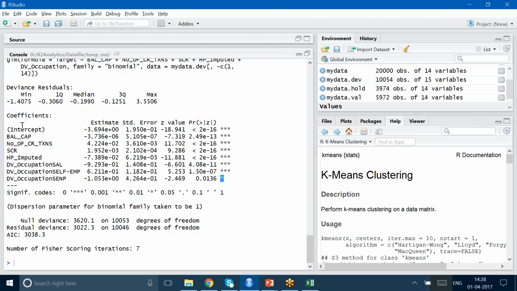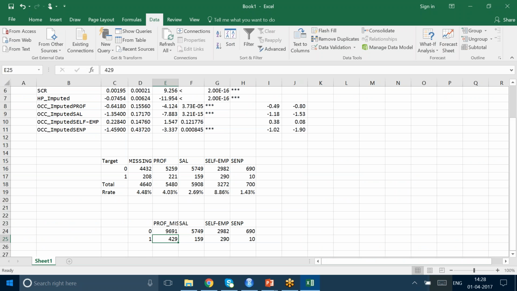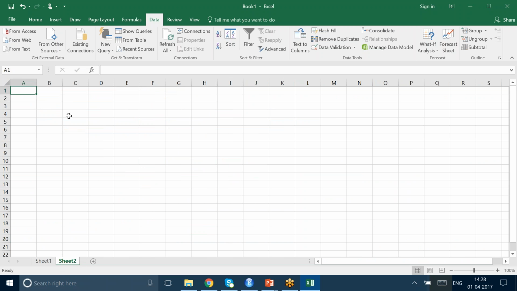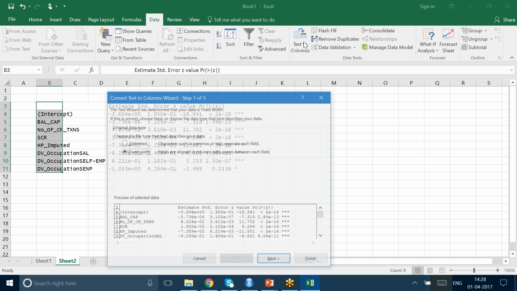Once you are done, again, what is the step you have to do? Take this. Check whether there is a sign change. Take data, text to columns.